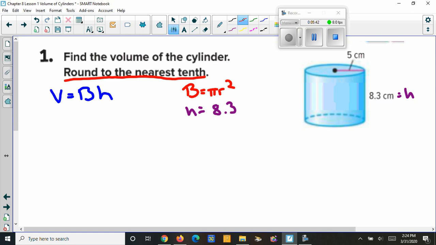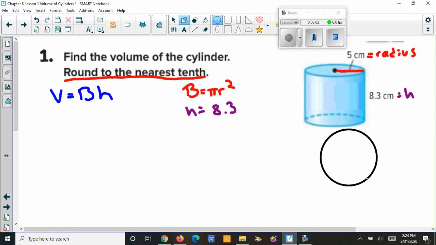But what is this segment here that goes only halfway across the circle? That is the radius. So when it comes to a circle, what we need to remember is, when I have a segment that goes from the center to the edge, this is called a radius.